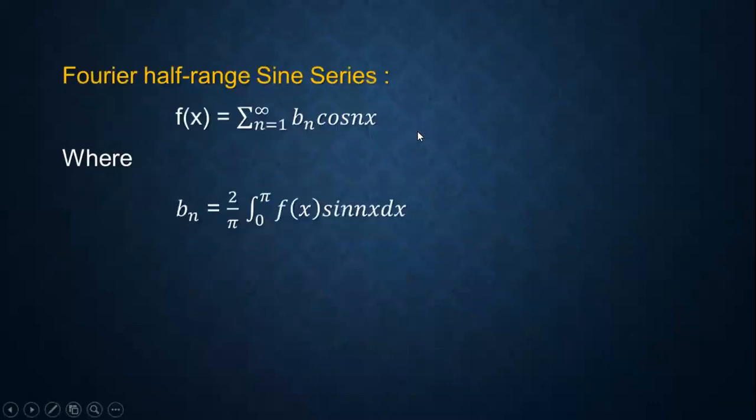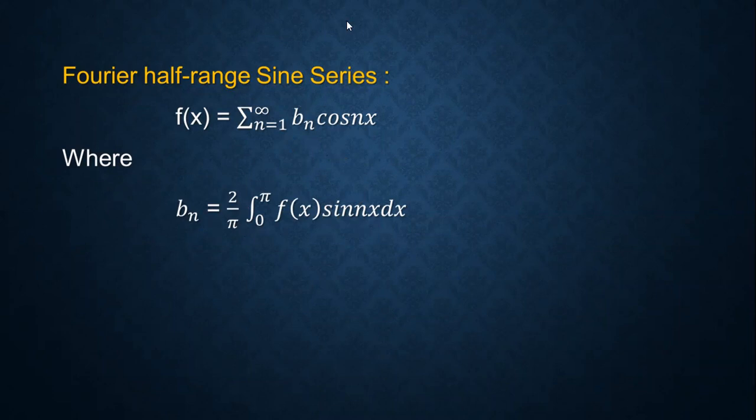Similarly, you can find out the bn the same way. F of x equals summation n equal to 1 to infinity bn sin nx, where bn is equal to 2 by pi integration 0 to pi f of x sin nx into dx.